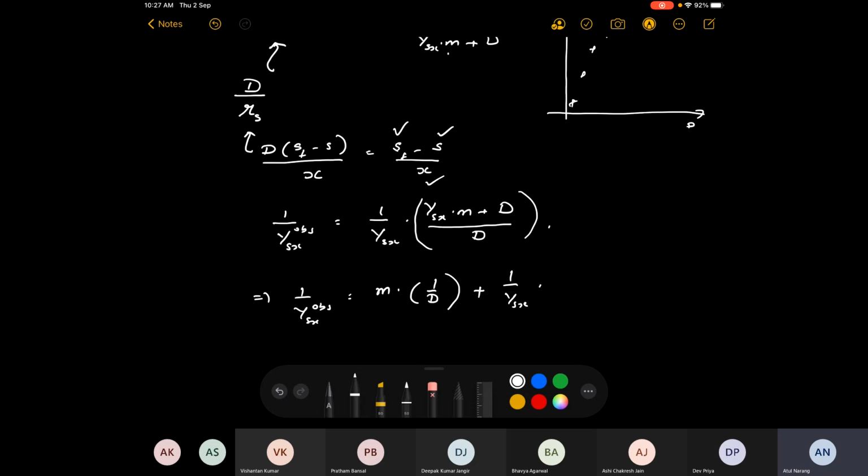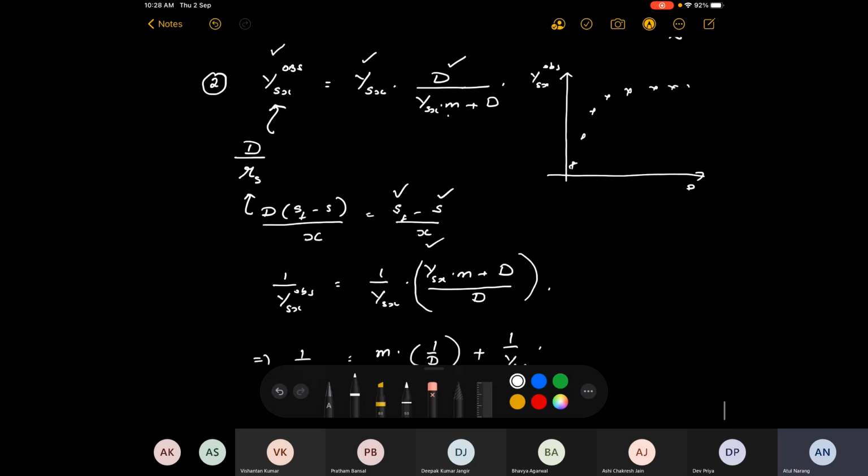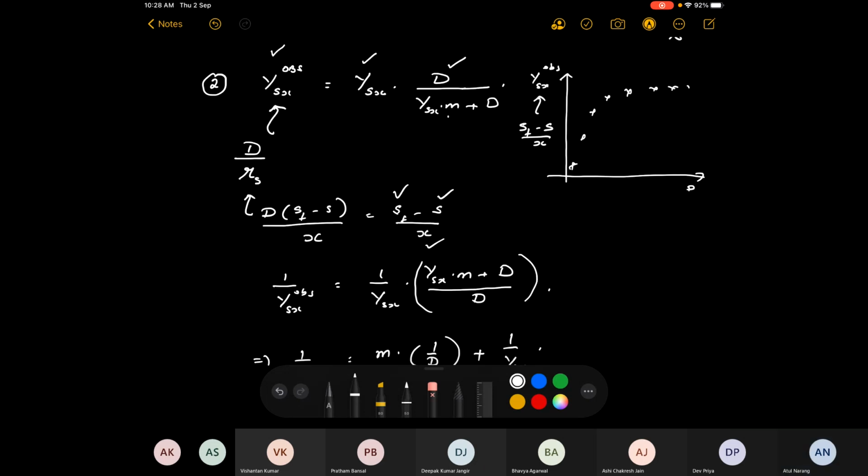So if you plot this data, the top graph, which is showing YSX observed divided by D, this can be obtained from SF minus S divided by X. As you experimentally measure various S and X at various D and get this data, then you replot it as 1 over YSX observed versus 1 over D.